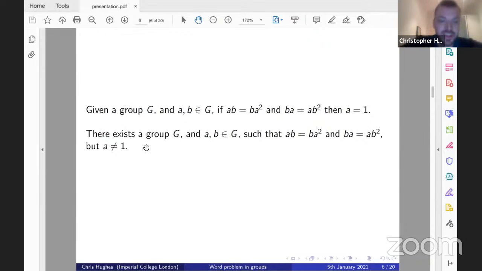You rarely want to prove that two elements are not equal in some group. You want to prove that they are equal in all groups. So really, we only need a semi-decision procedure, and semi-decision procedures are a lot easier to find, because it's quite difficult to prove the existence of a group, but this will just be a sequence of rewrites.